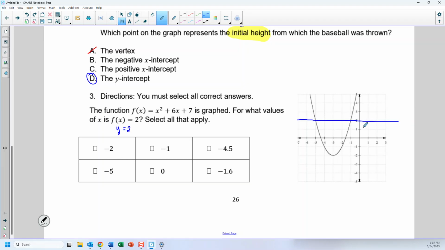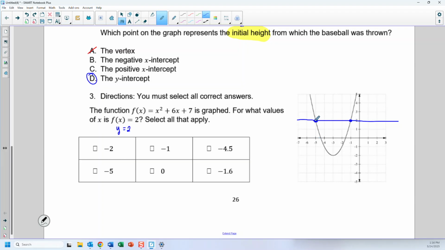So we just want to see where it touches the y equals 2 line. So it looks like it touches the line right here and right there. So what numbers are we looking for? We're looking for where your x is. So basically we go here and then we drop down to see.